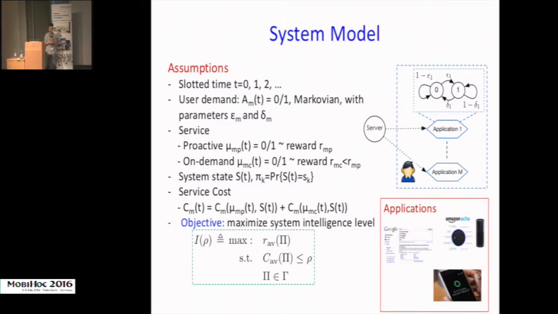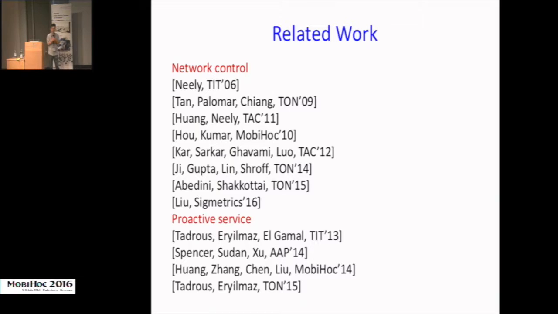All right, before I get into any of the results, let me mention some of the related works that are related to controlling a system of this type or maximizing the intelligence level. First of all, the problem largely belongs to network control problems, where I think many of our people here at MobiHoc have done great work in this literature. But most of these works don't talk about proactively serving user demand and the impact of that.